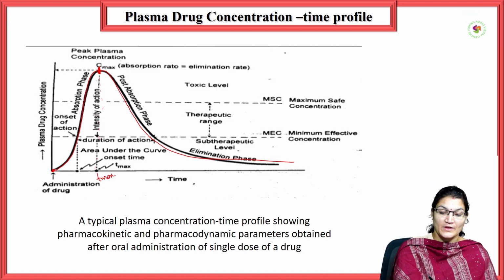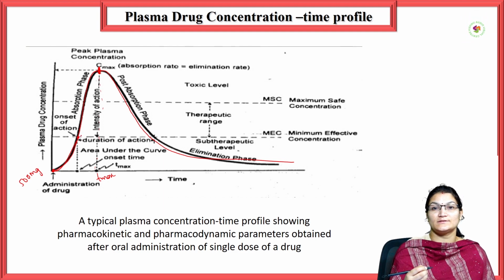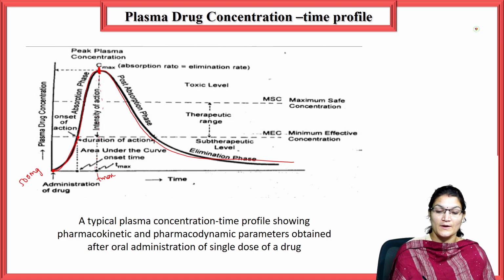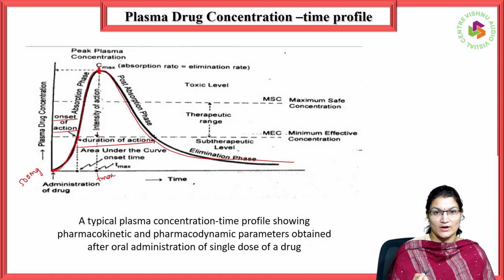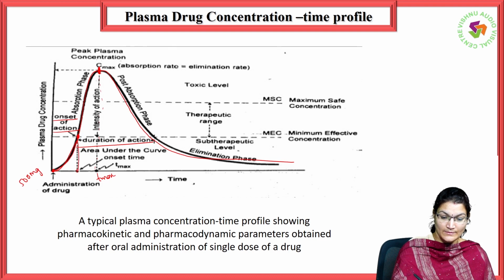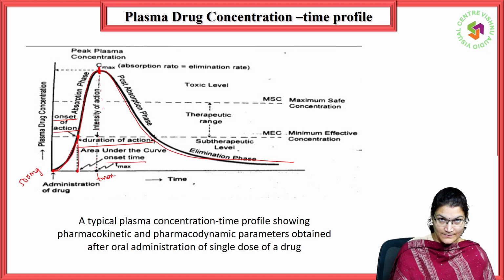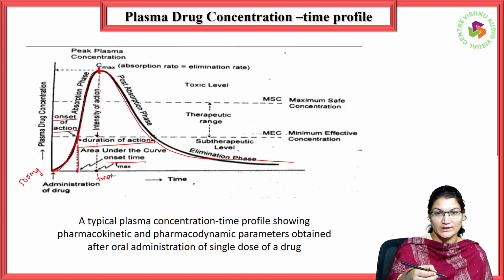Apart from that, as I said, if you are giving a 500 mg drug, minimum 150 mg of drug is required. This is just an example. Minimum 150 mg of drug is required to show the action. That is called onset of action. From the onset of action, that particular time you take as onset time, when the drug starts showing its pharmacological effect.